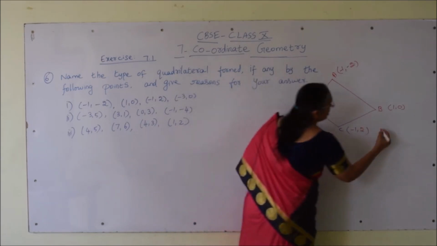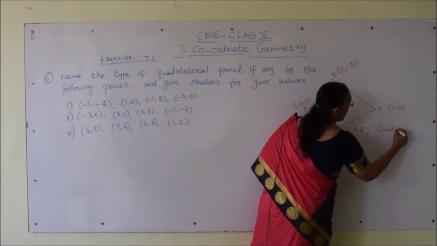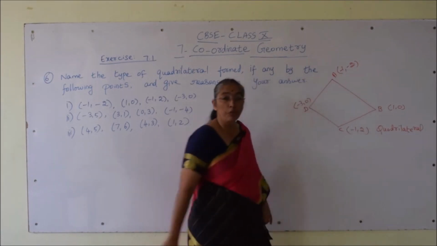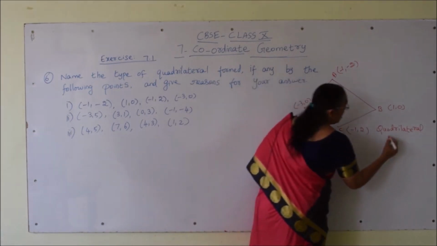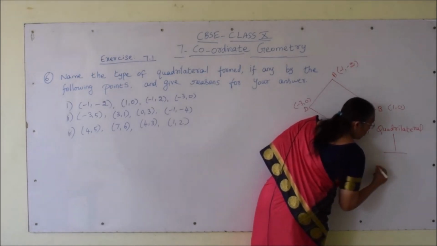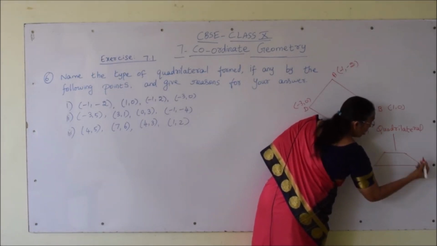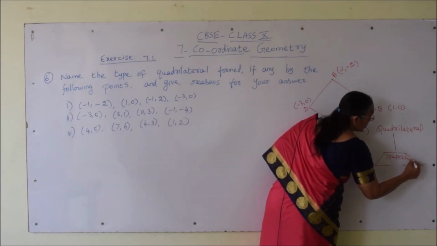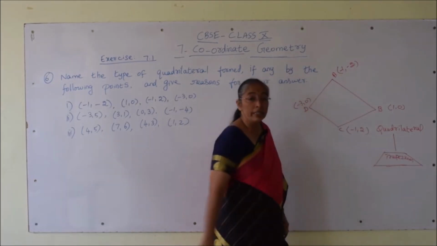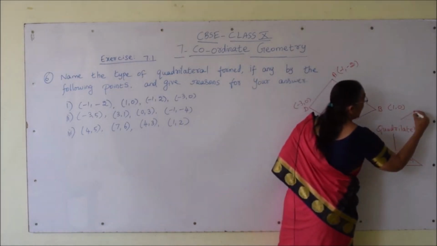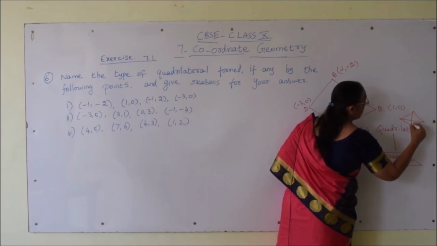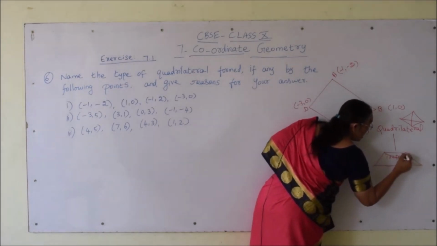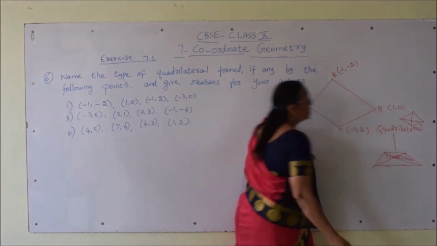That is the first one: a quadrilateral without satisfying any of the conditions. In the same quadrilateral, if one pair of sides becomes parallel, we call it a trapezium. In a quadrilateral, the diagonals just intersect, whereas in a trapezium, the diagonals intersect in a particular ratio.